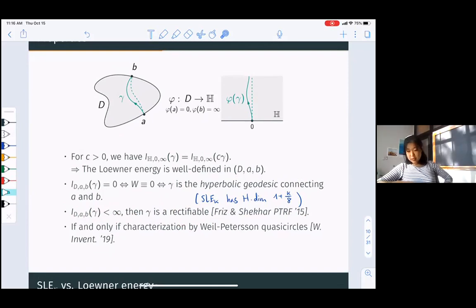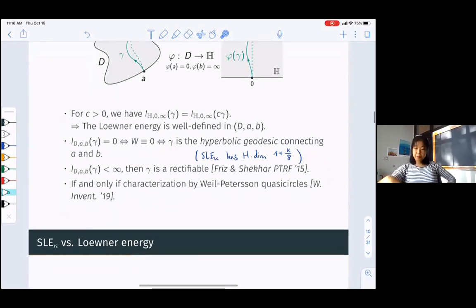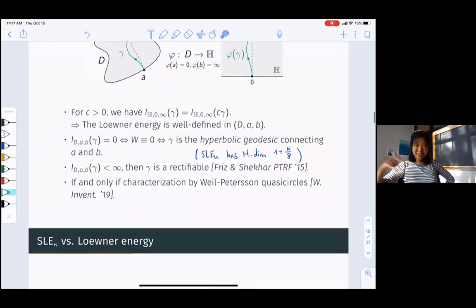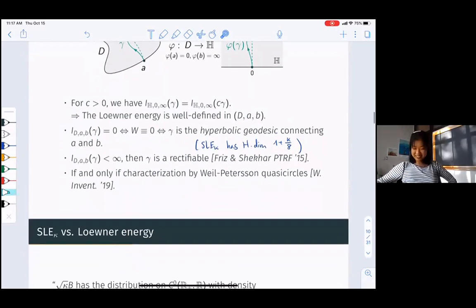There will be a characterization by Wang and Peterson in terms of quasi-circles. That will be the topic of the second lecture. All right, if there are any questions, please just interrupt.